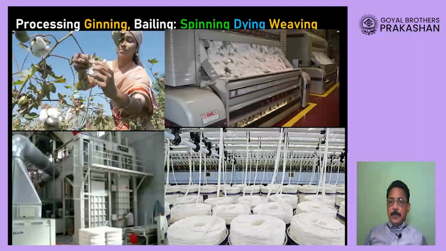Okay, now processing of cotton. Please understand, the first step is plucking the cotton. Now you look at this lady. She is now picking up cotton from the plant. This process is called plucking. So worker has to go to each and every plant and keep on plucking it, and therefore in order to search and pluck them you require large force.